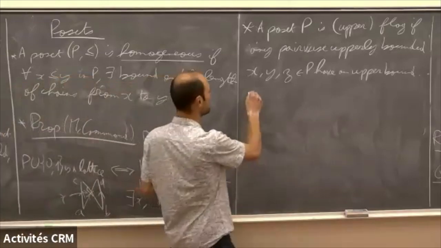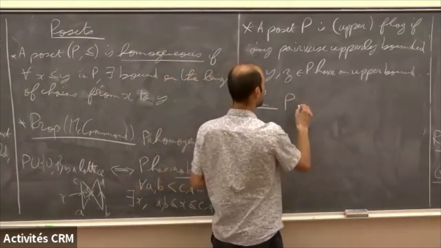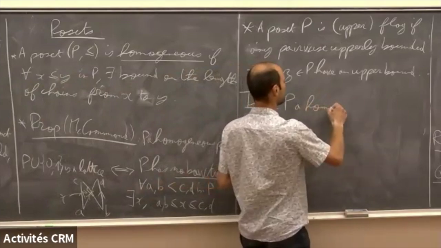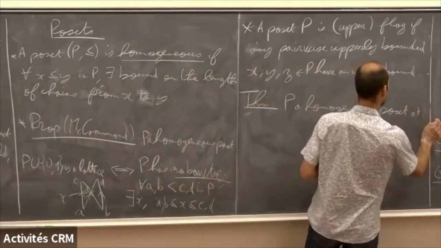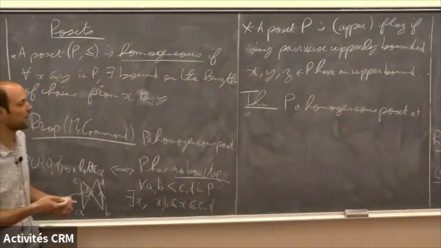For geometric conditions, that locally is a flag lattice. So what does it mean?